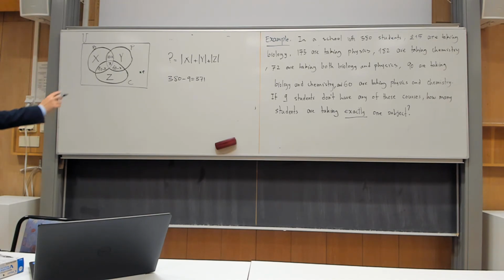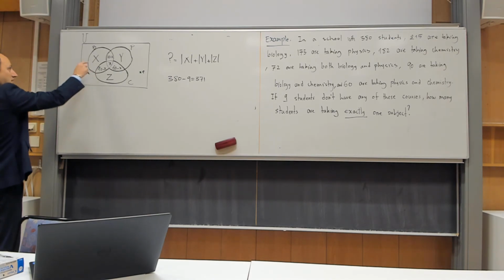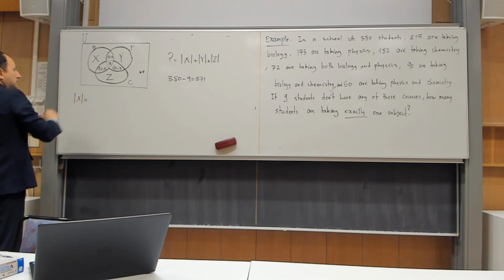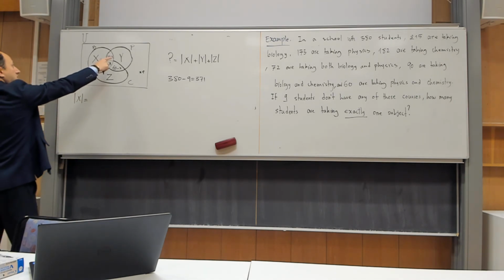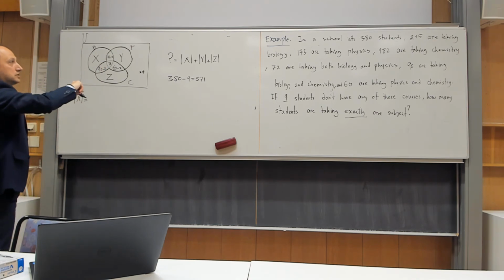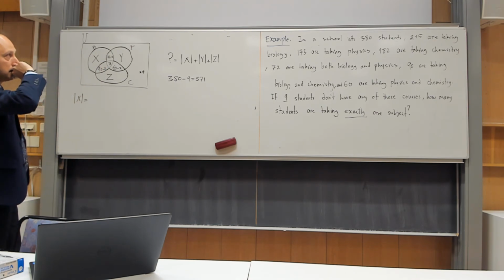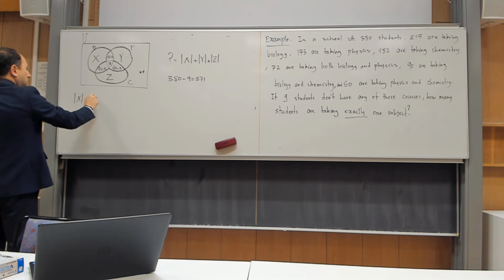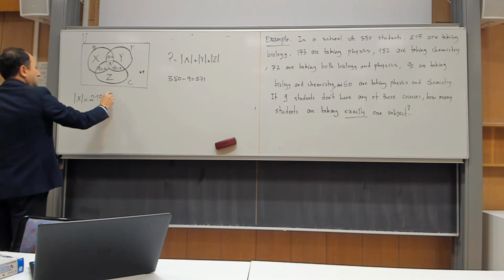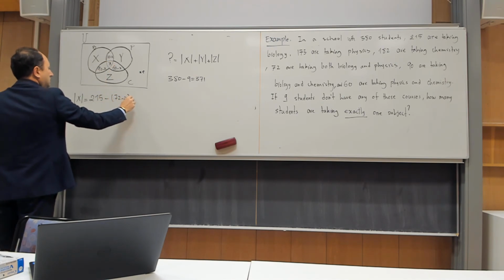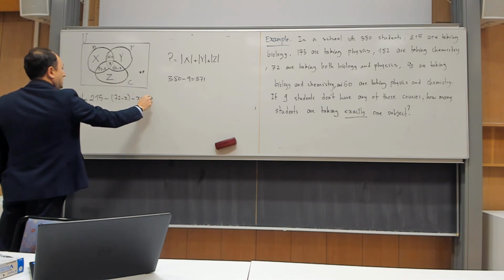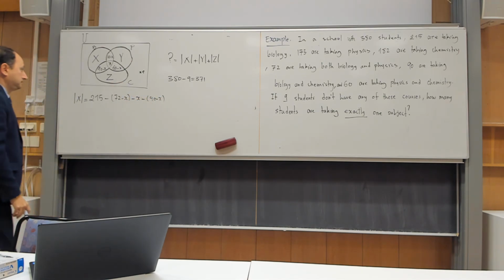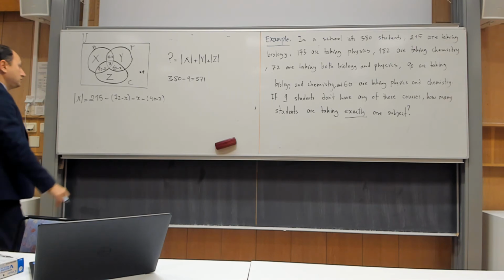Okay, but I also can write something for the cardinality, because what is the cardinality of X? The cardinality of X is the number of students studying biology, which is how much? 215 minus (72 minus x) minus (90 minus x). Yes, and I have to calculate this.